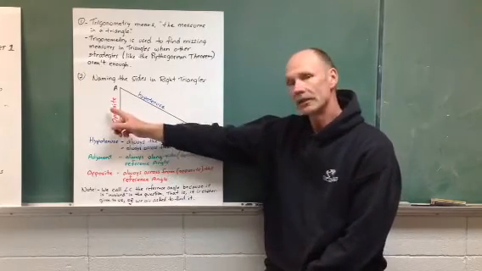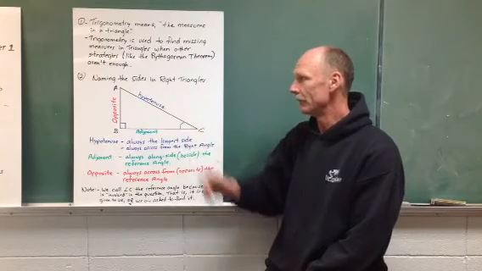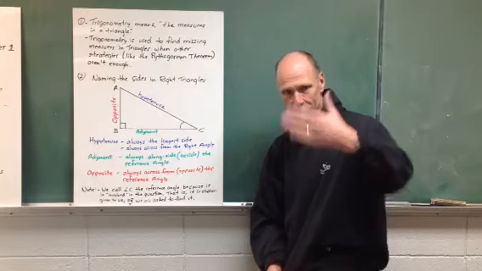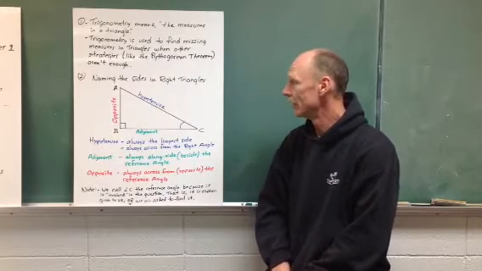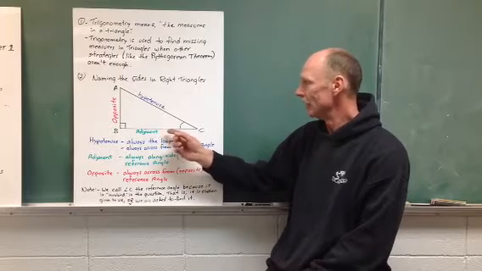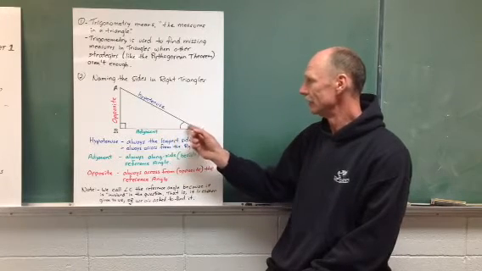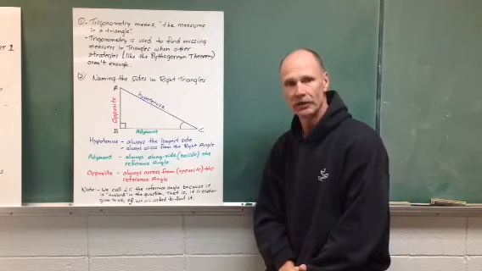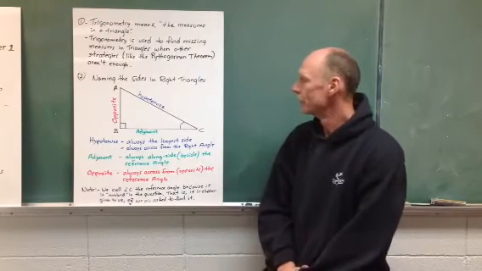You'll notice the opposite side is across from angle C. Like the person who lives opposite me on my street is the person who lives across from me on my street. Conversely, the word adjacent means alongside or beside the angle C. The person who lives adjacent to me on my street is my next door neighbor.